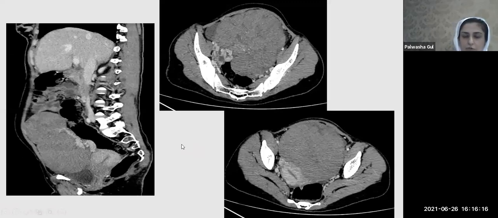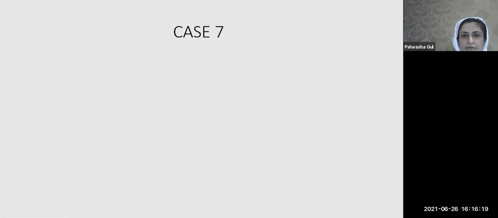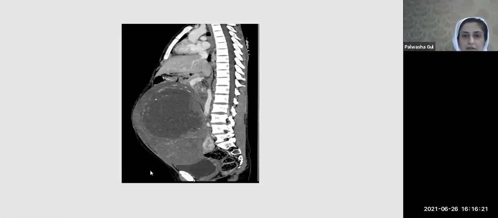Think about dysgerminoma, okay? Case number 7, again a young female, who thought she was pregnant. She went to gynae. The gynae people sent her to us. So we said that it's a mass, do a CT scan, and this was again a huge dysgerminoma, separate from the uterus, originating from the adnexa with linear, curvilinear calcification and a central necrotic area.